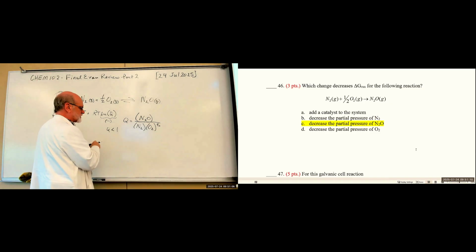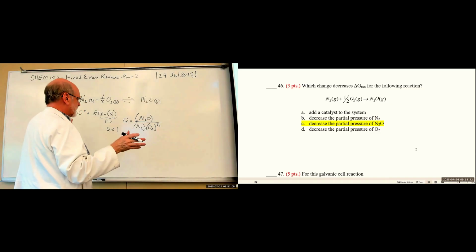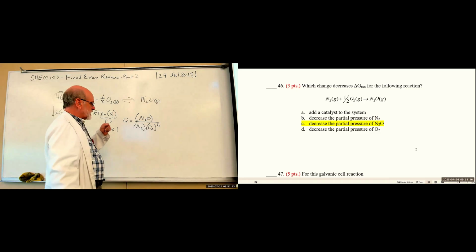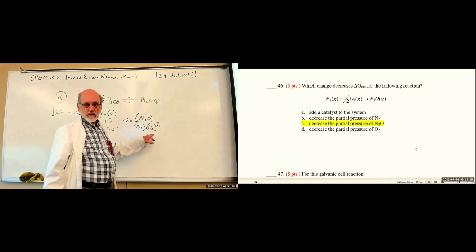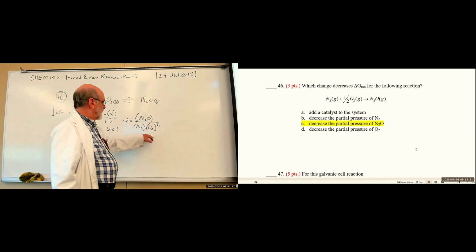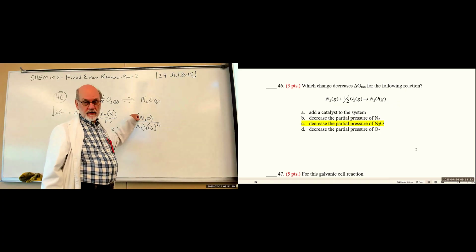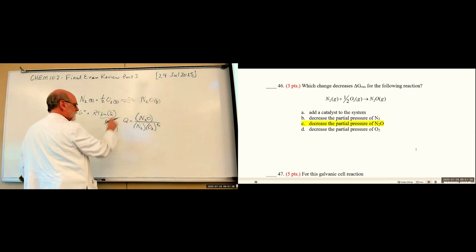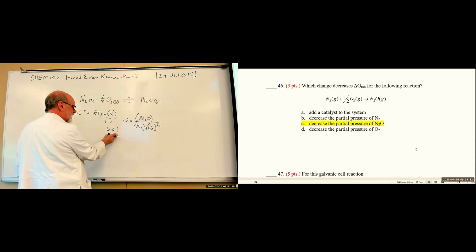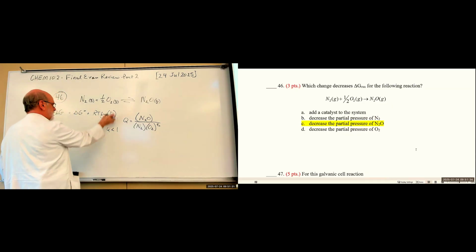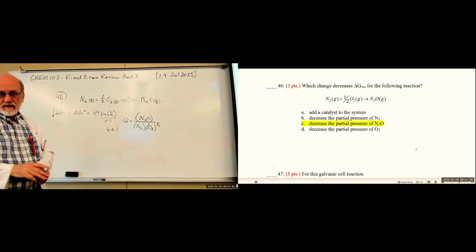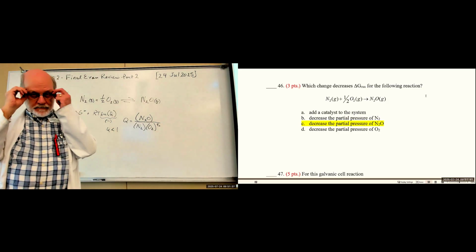So how would we get Q to be less than 1 from wherever it is? Right? You could either increase N2 or O2. That's not an option. Or you could decrease the numerator, decrease N2O. That's why C is the answer. Right? Decrease N2O. That sends this one negative, and that translates into a decrease in delta G, decrease in free energy.